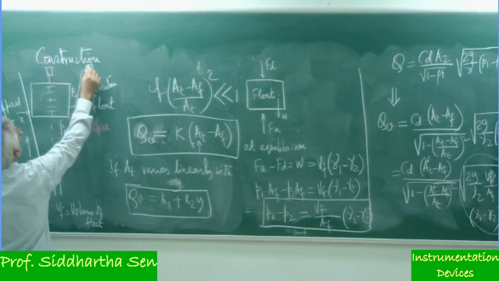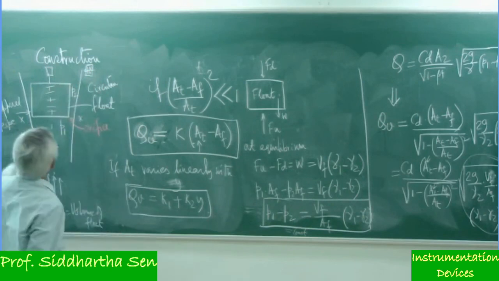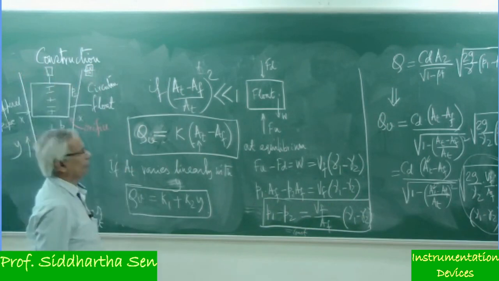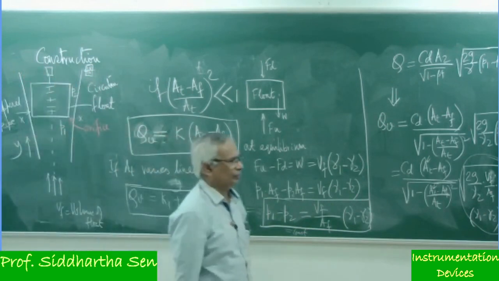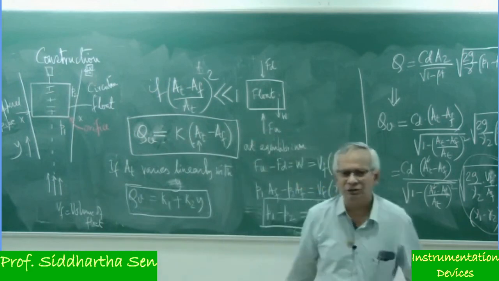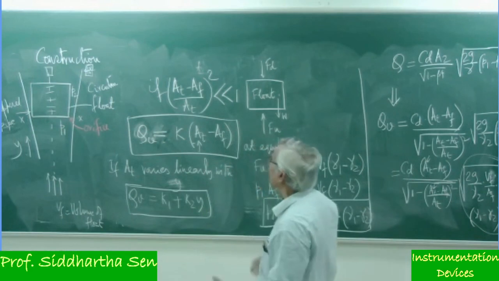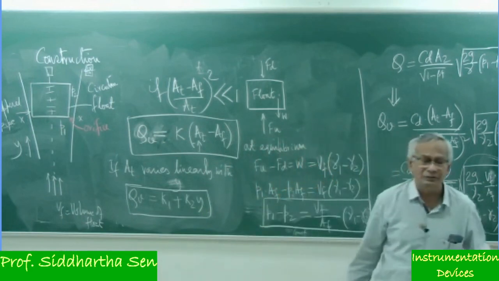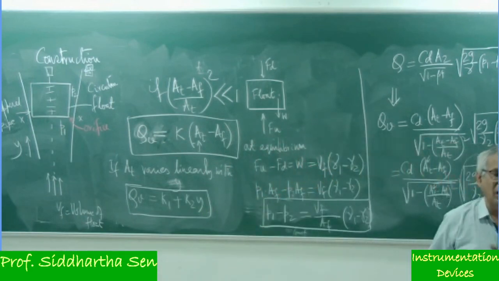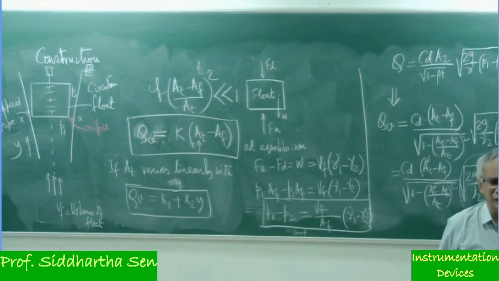The core moves in the LVDT, and from the LVDT I can also convert it into an electrical signal. That is also possible. But what I wanted to say is that this is linear, and it is much simpler compared to other types of flow meters like orifice or Venturi tube.